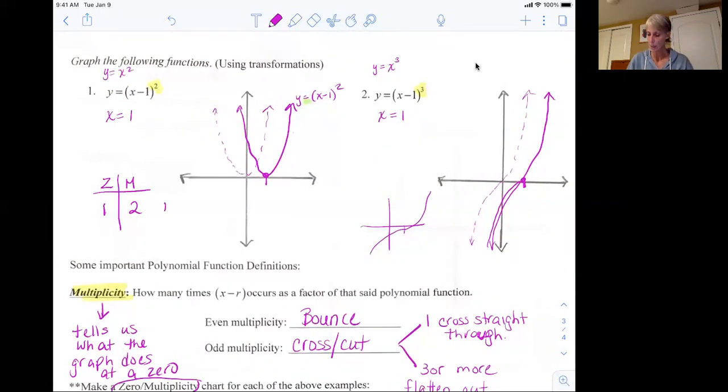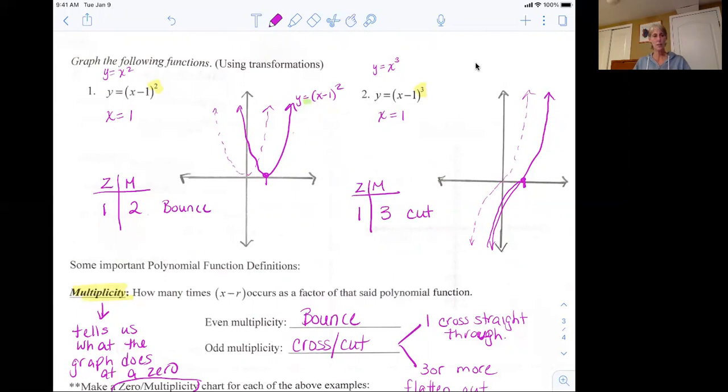Sometimes I may even have you describe in words what happens at each zero. In the second example, my zero is 1, but this time my multiplicity is 3, so we're going to cut through. You don't have to say flatten out. You could just say cut.